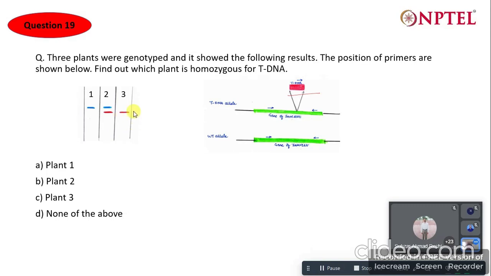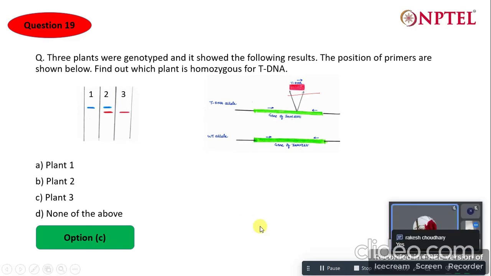That is why the tDNA is homozygous in plant 3, and that's why the answer is plant 3. Okay, understood everyone? Yes, sir.